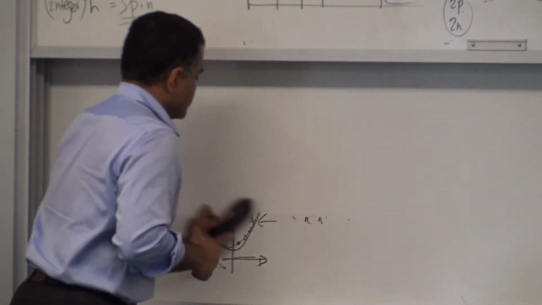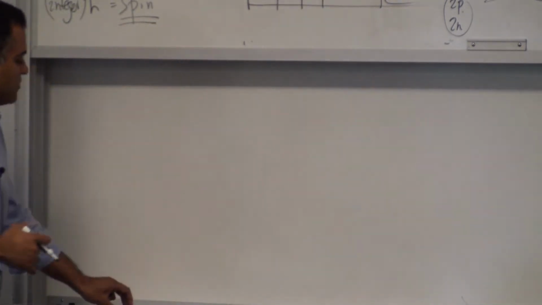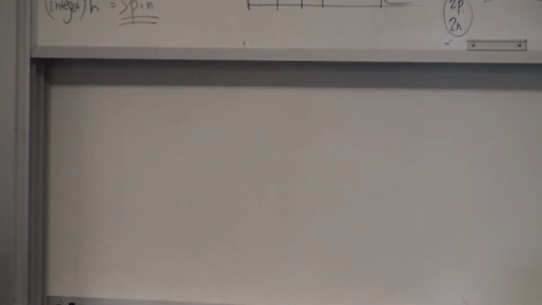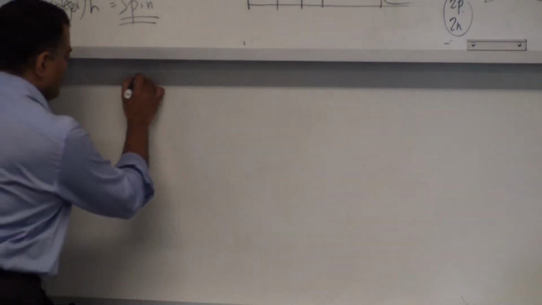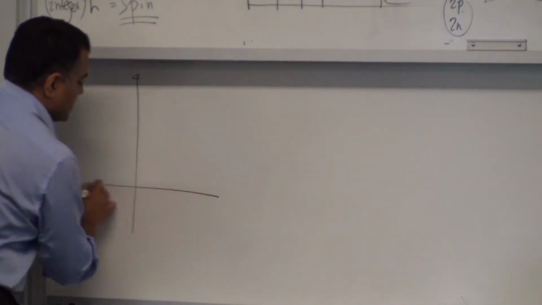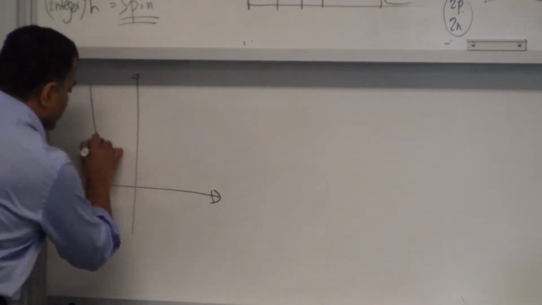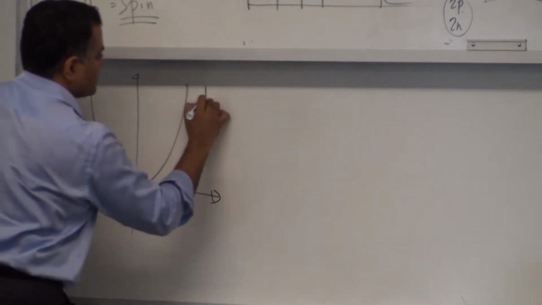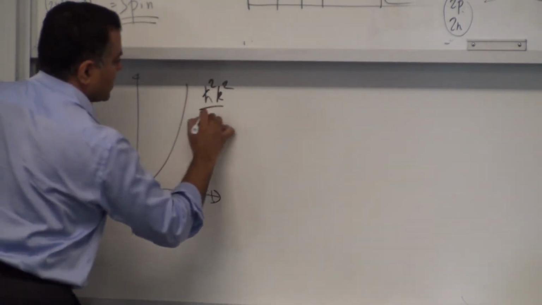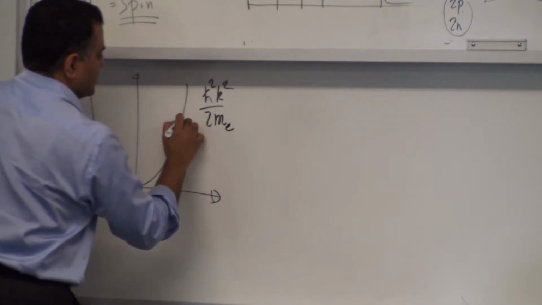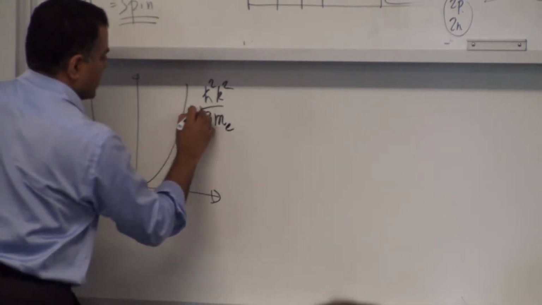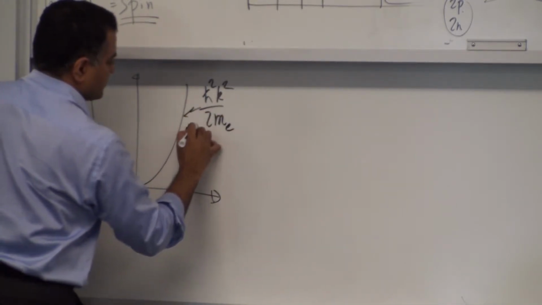So what are the energies allowed for an electron if it's completely free, not in a solid? We have already done the free electron problem. It's ħ squared k squared over twice the mass of the electron, right? Those are the energies allowed for a free electron.